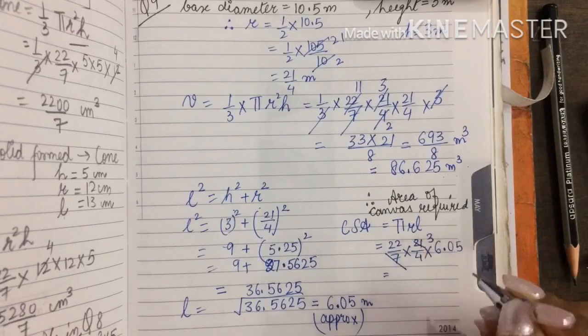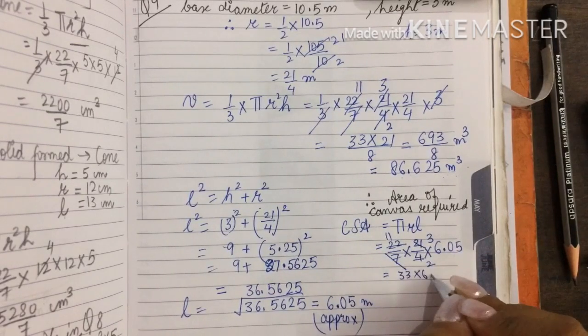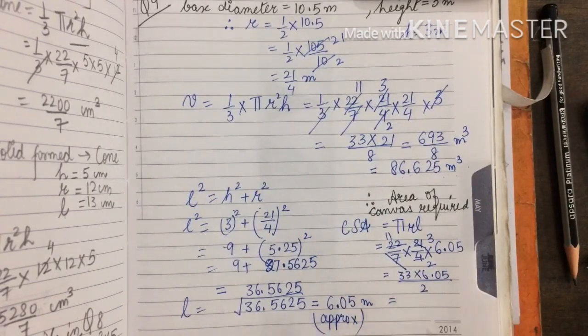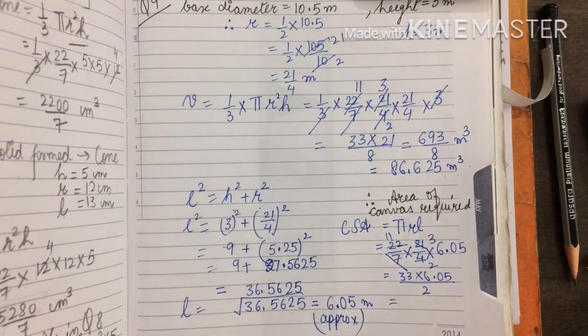Simplifying, this will be 33 into 6.05/2. So again, if you want, you can give the answer in fractions, or you can simplify to obtain the answer in a decimal form.